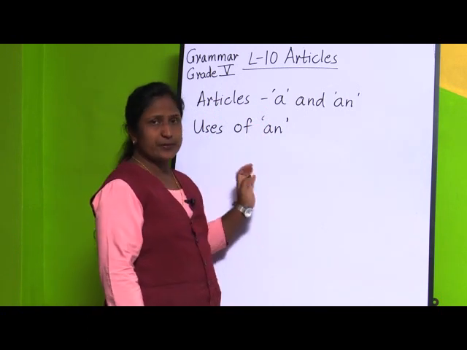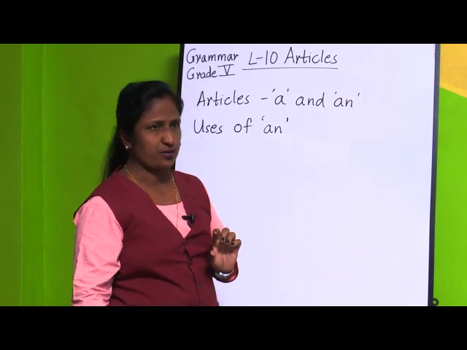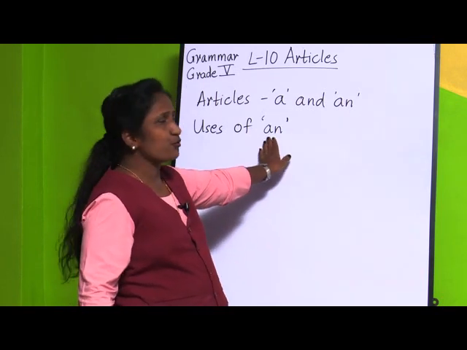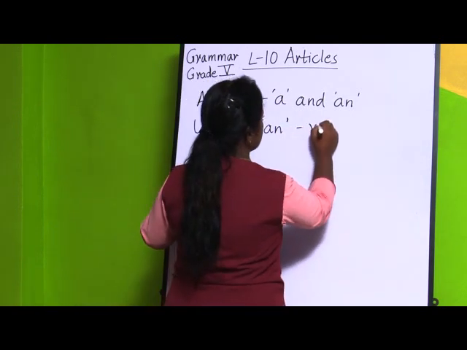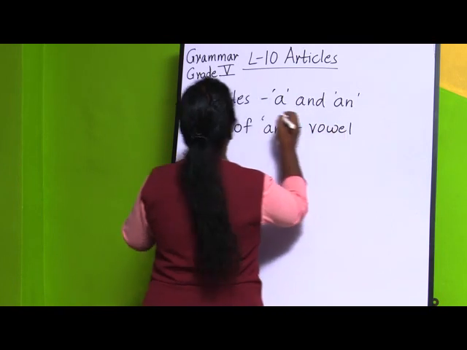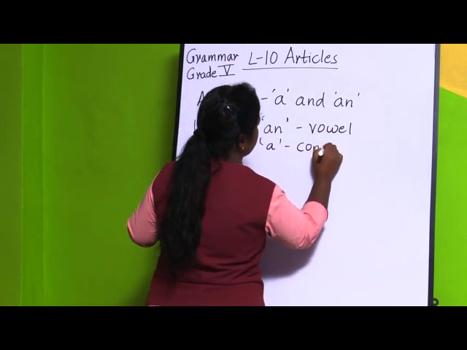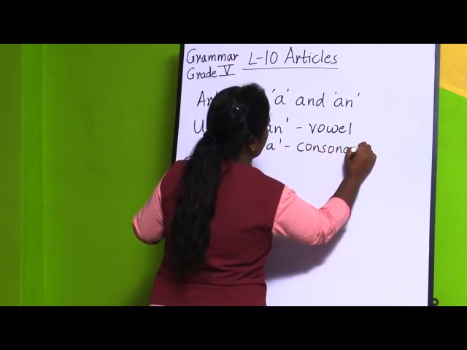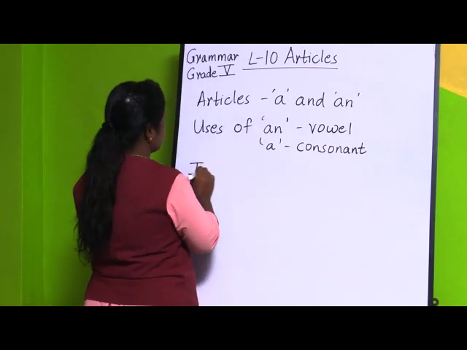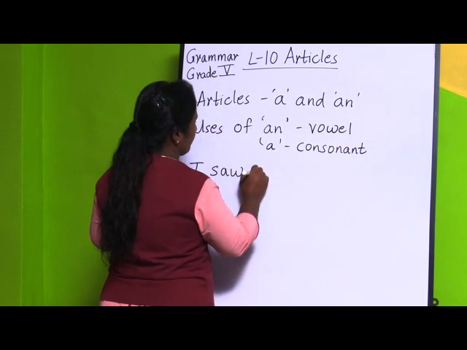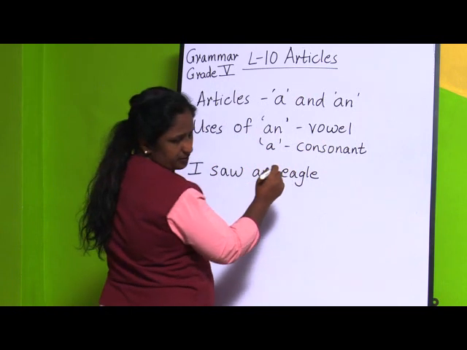When the word begins with a consonant sound we use a, and for a vowel sound we use an. So if you take a sentence: I saw an eagle flying.